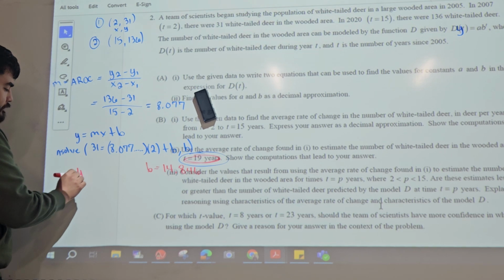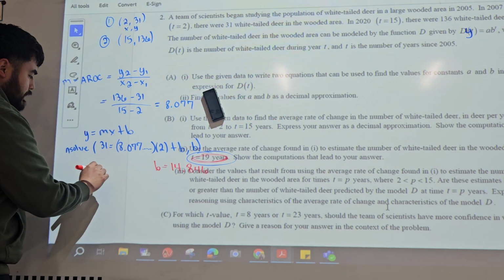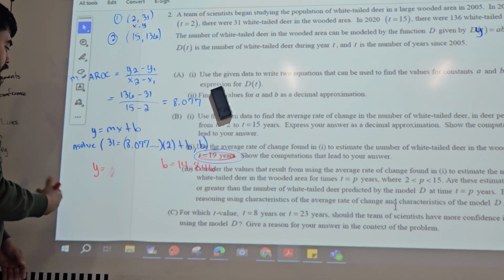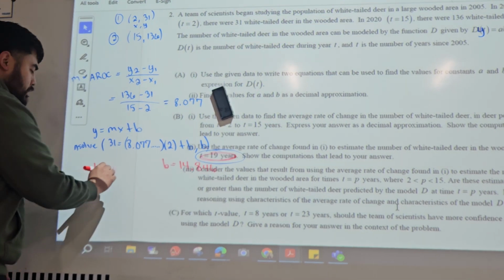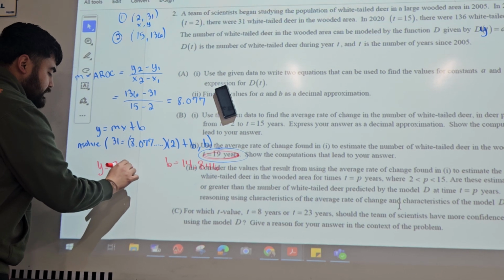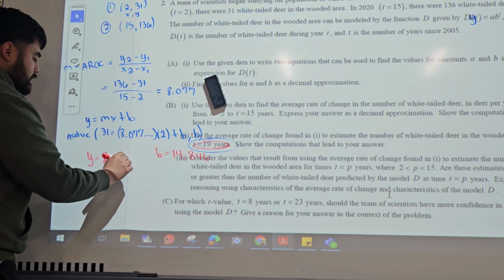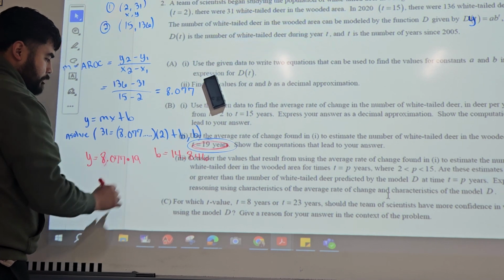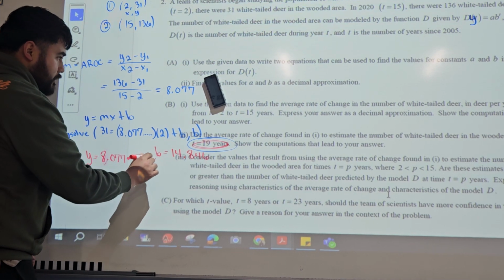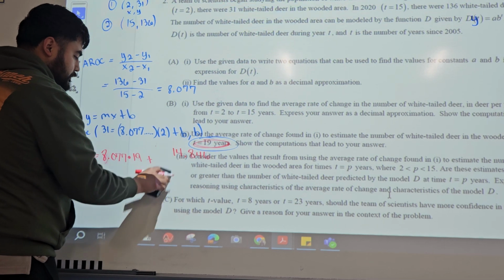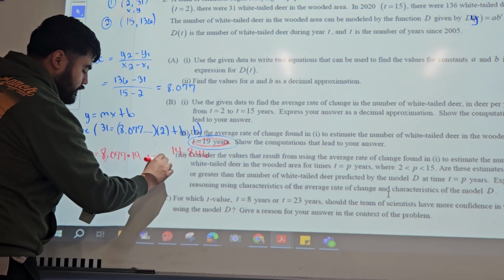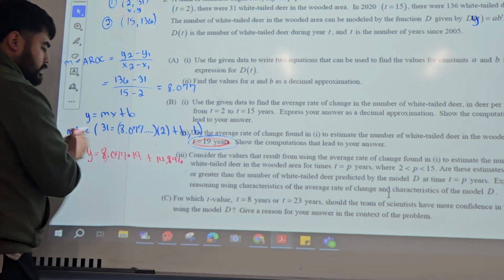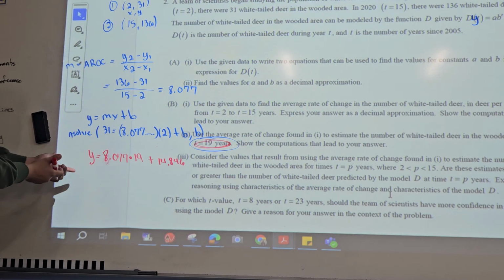So again, I'm gonna take what I found, right? And then now I have y equals my slope, 8.077, right? Times my input, x, which is t, which is 19, right, plus my b value, which is basically the one I have here, 14.846. And now we're trying to find the output.